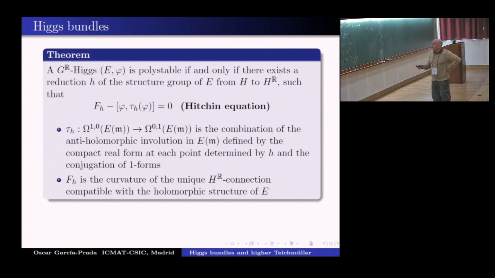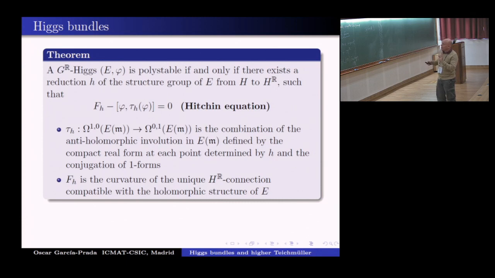So you are interested, and this was the starting point of Hitchin, the self-duality equations. You want a reduction of the structure group that satisfies the Hitchin equation, where this term here is the curvature of the unique H_R connection compatible with the holomorphic structure of E, the Chern connection.